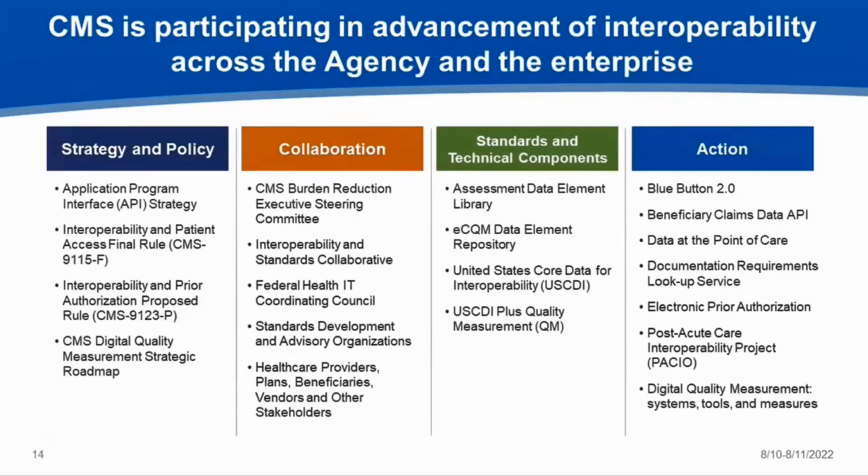And as you can see, there are a number of projects here at CMS that are ongoing, that are considering how we can advance interoperability. Digital quality measurement is certainly one of those, and we see it as interacting with a number of these, including efforts for data standardization through the USCDI and USCDI Plus initiatives at ONC.